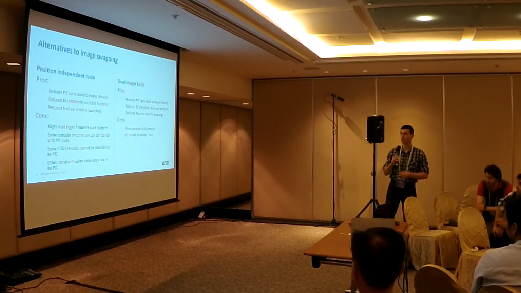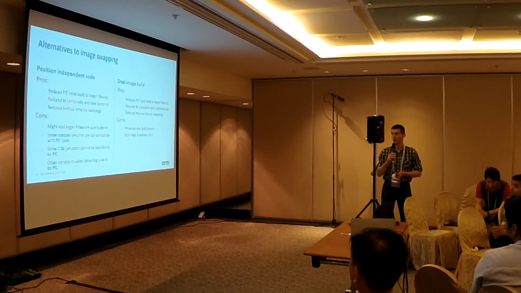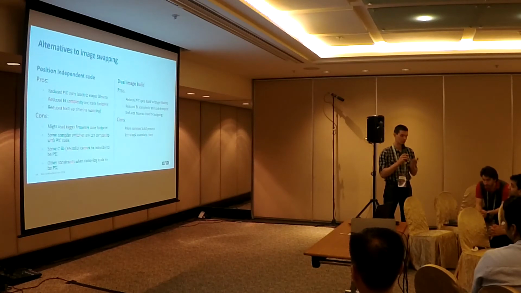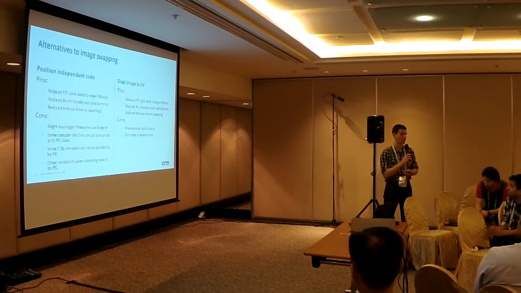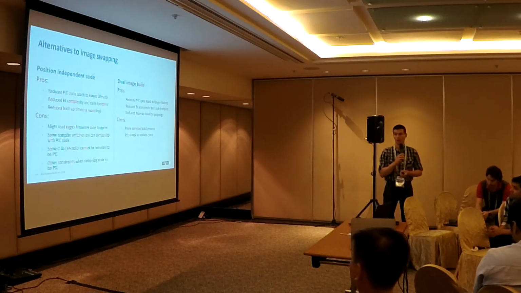Another way to avoid the image swapping can be a dual image build. I mean that at build time, you build two binaries: one binary for the slot 1 memory area and one binary for the slot 0 memory area. In this case, you still have position dependent code. The difference is that it is linked to different memory areas.